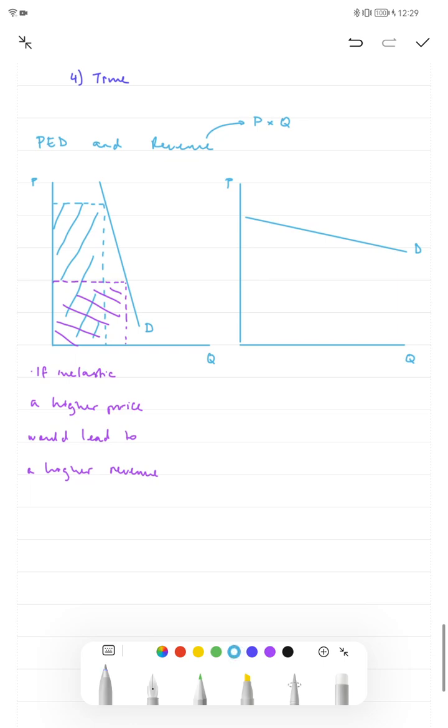Whereas if you had a price elastic product and you were to decrease the price, your revenue would be much greater.